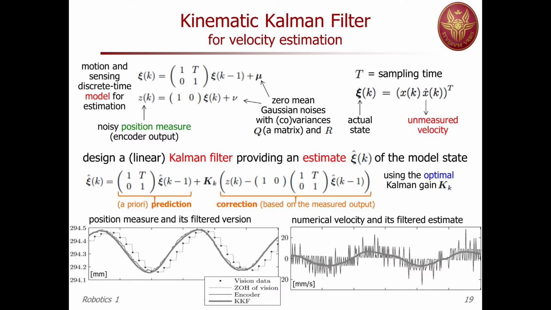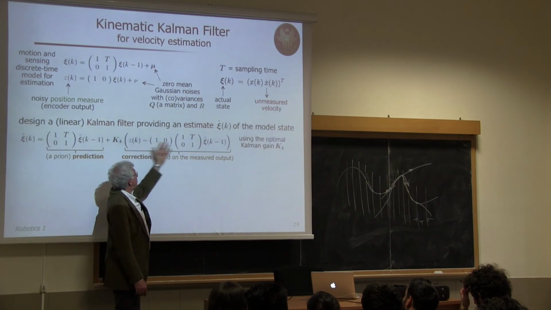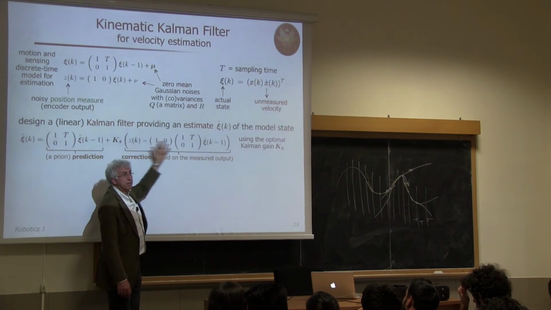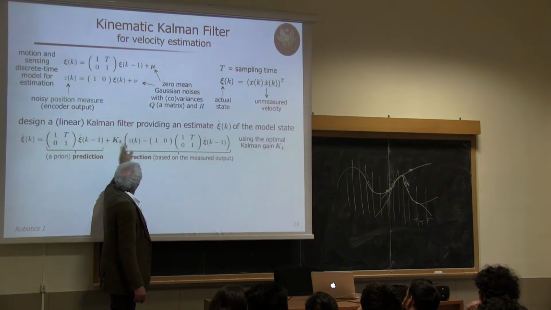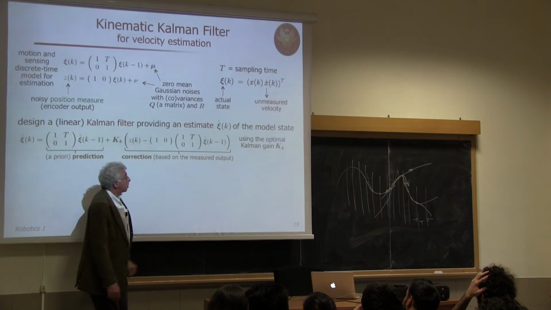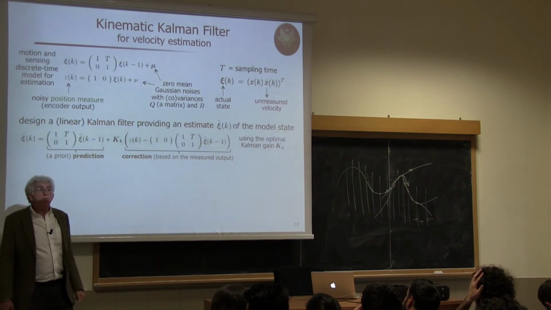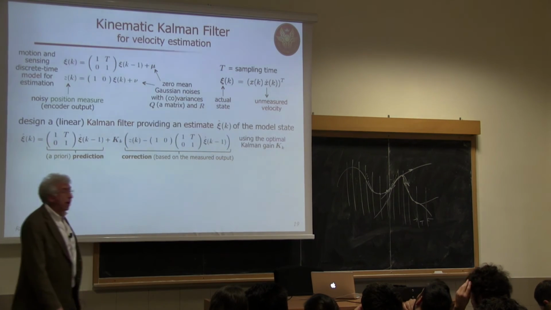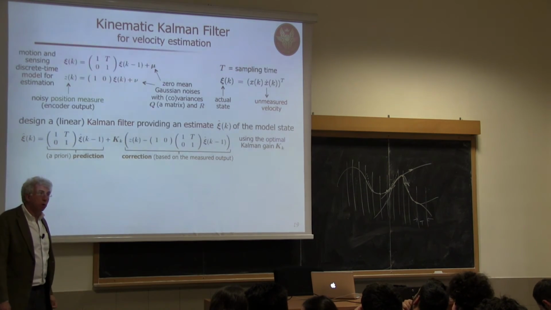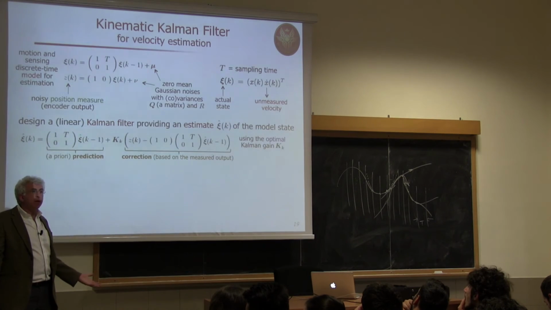If instead, like it's usually the case, you have some mismatching between the measurement and the prediction from the estimate of the previous state, this will drive a correction through a gain which is the optimal Kalman gain matrix. This depends on the covariances of noises and so on. Okay, so this is the basic principle.